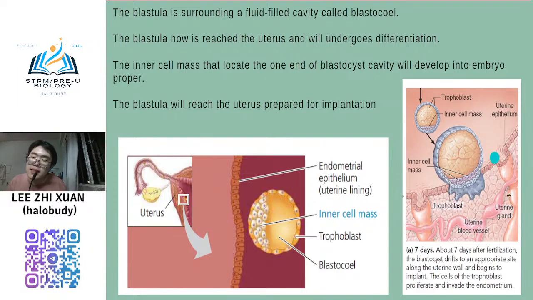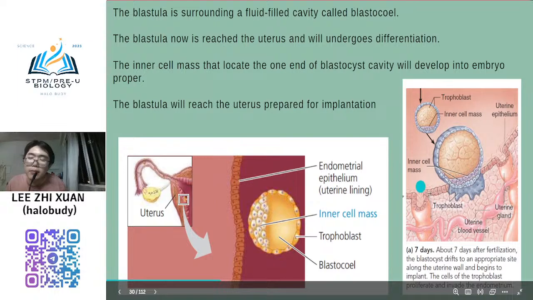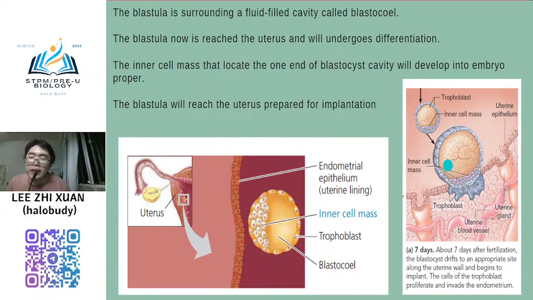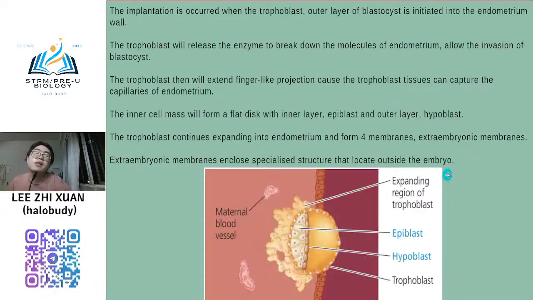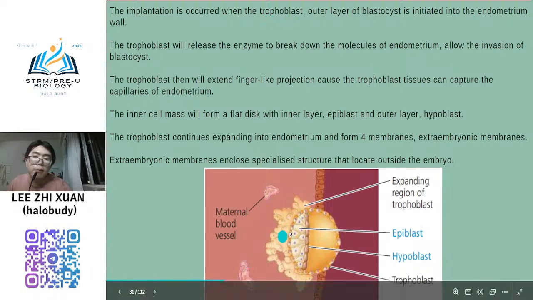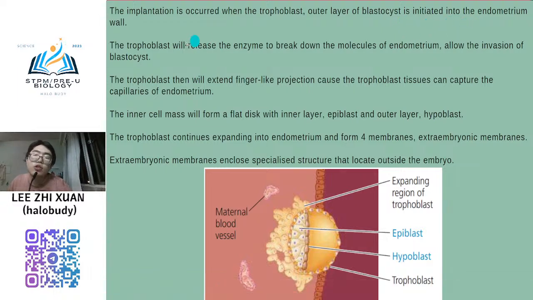Now it's ready for implantation already. So you will see this one is already implanted. This one is not ready yet, but this one is already starting to implant. Okay, now we proceed to implantation. Implantation occurs when the trophoblast, the outer layer of the blastocyst, penetrates into the endometrium wall.